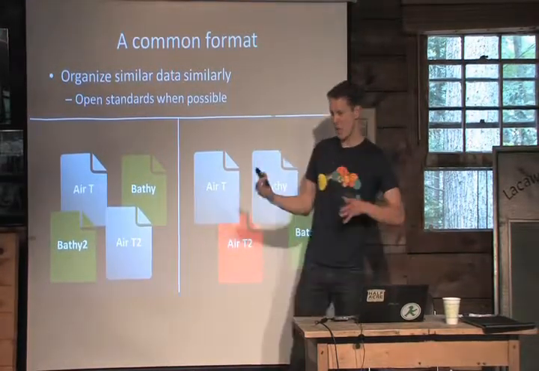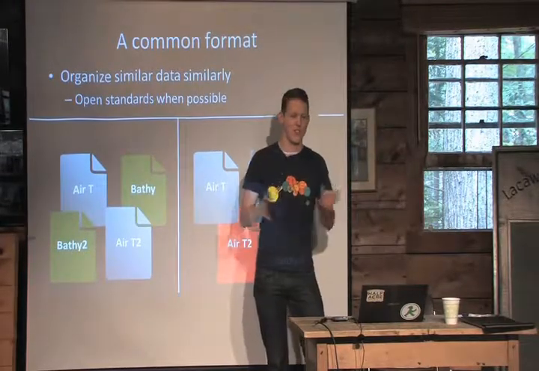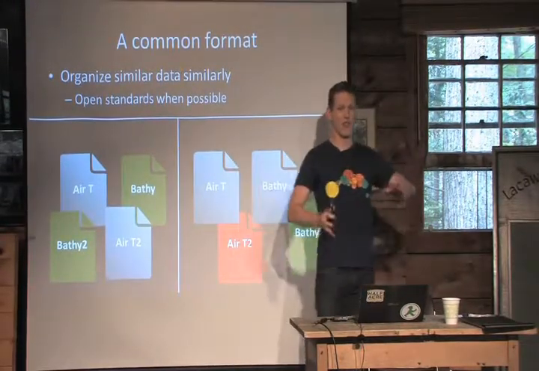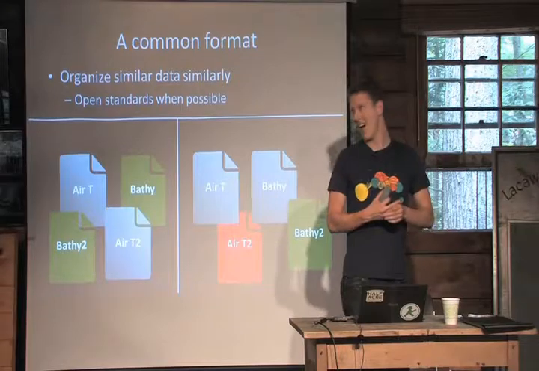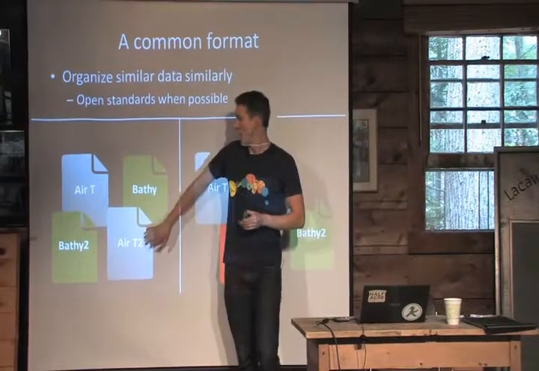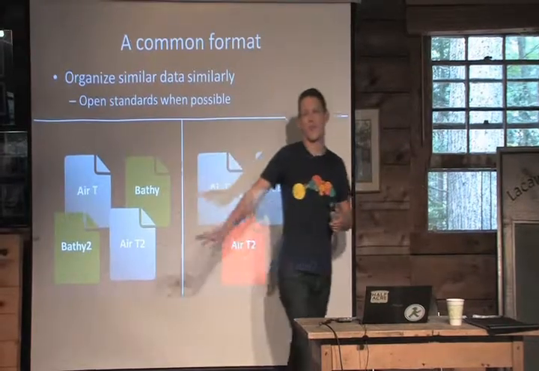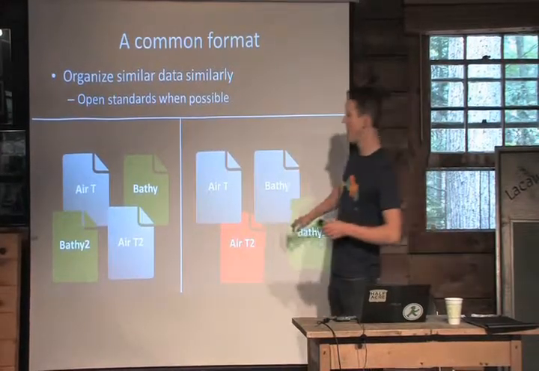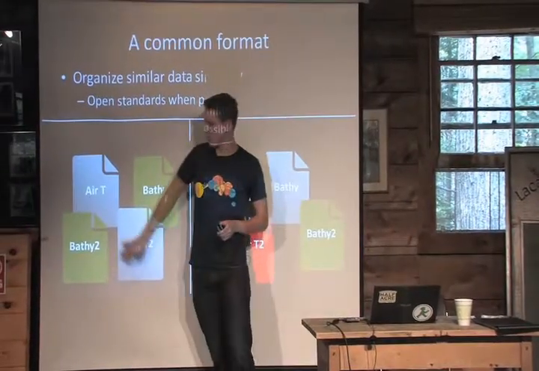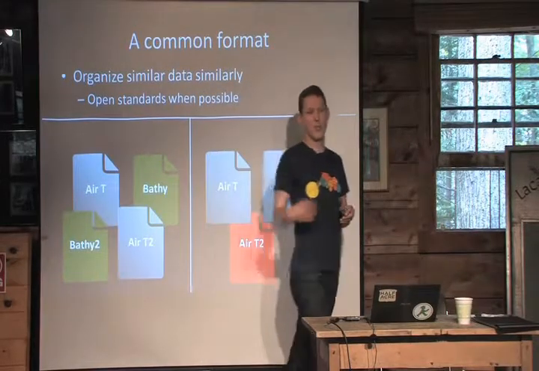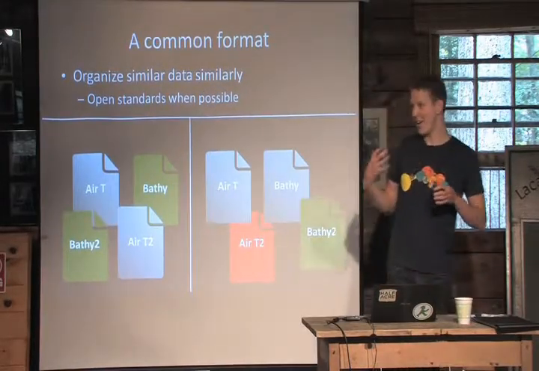So even within the same group, often people start to diverge in the way they're storing the same data. And something as simple as making sure that bathymetry data is stored like the other bathymetry data that you're using. Streaming data, air temperature, water temperature, data from the buoy, in common formats.